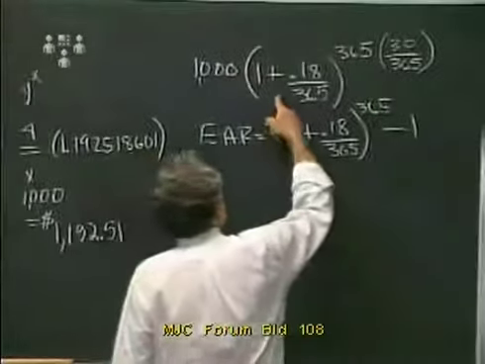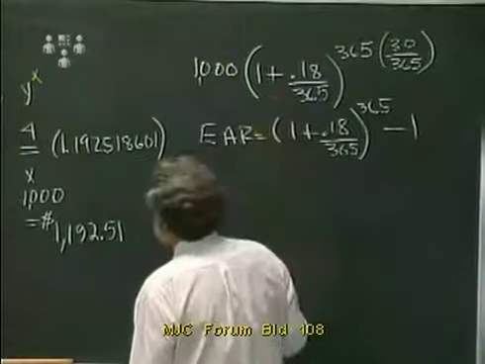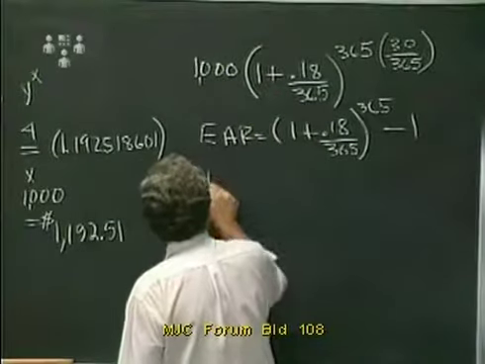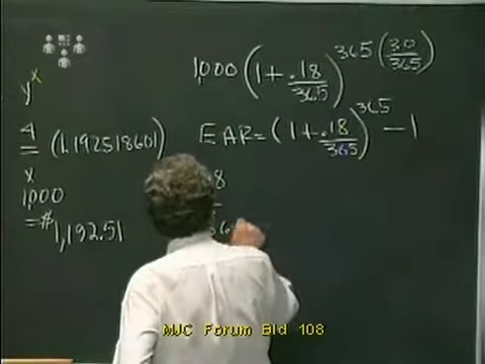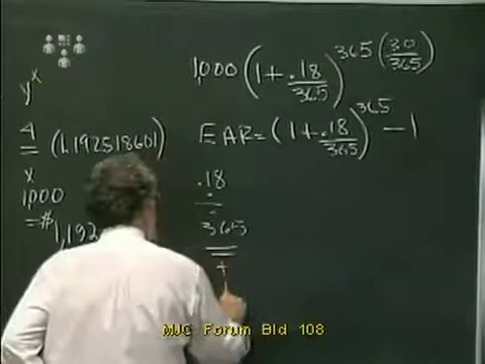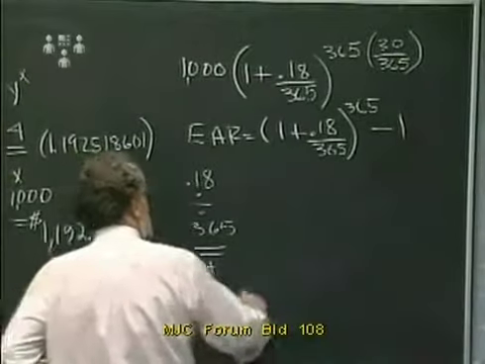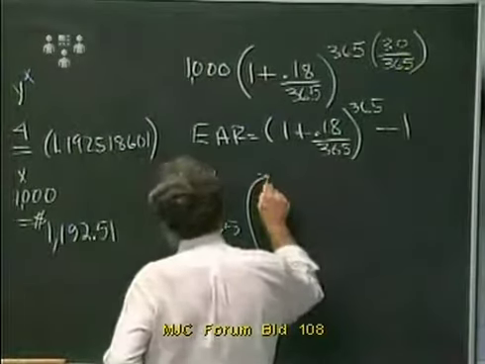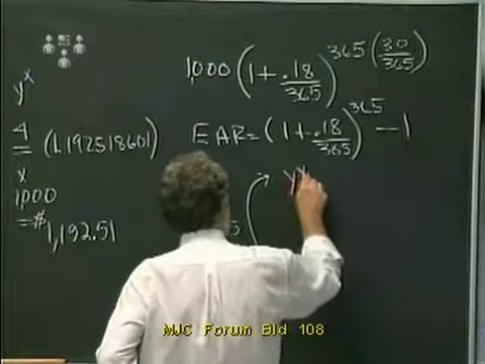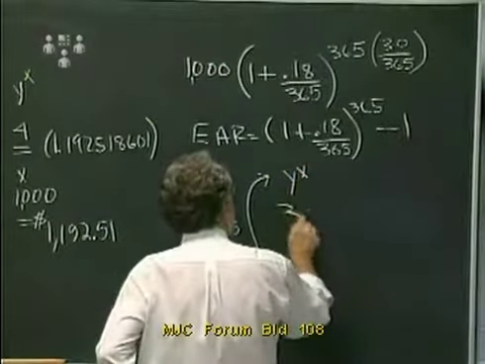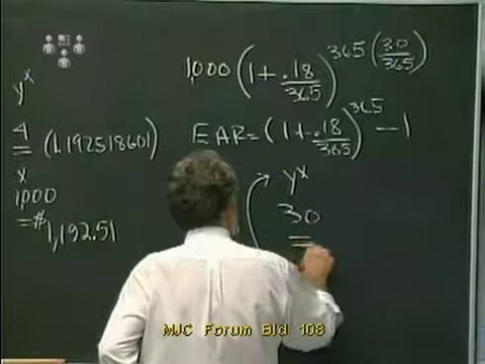So what I need is, in essence, to have this set up. 0.18 divided by 365 equals, plus 1 equals, and then I'm going to bring that up and say that I want you to take that y to the x, then I want you to hit 3, and equals.